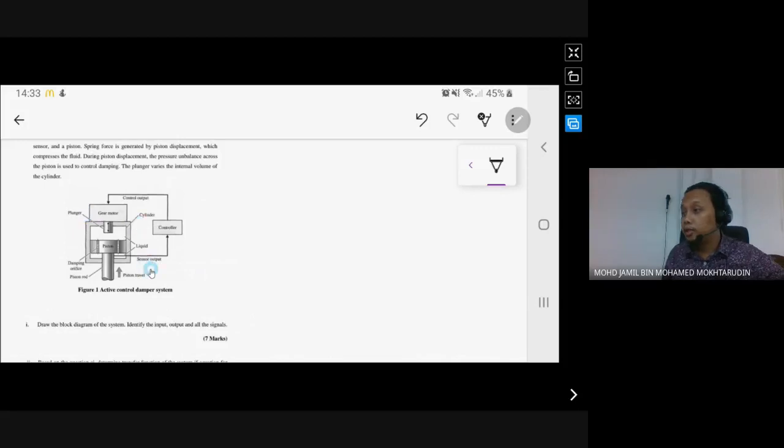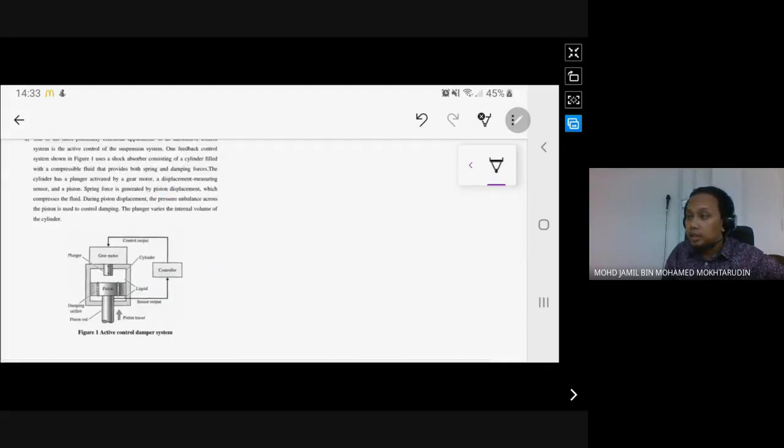Here you have gear motor, controller, piston. So gear motor, controller, and piston are your subsystems, together with the sensor. The sensor is the displacement measuring sensor.